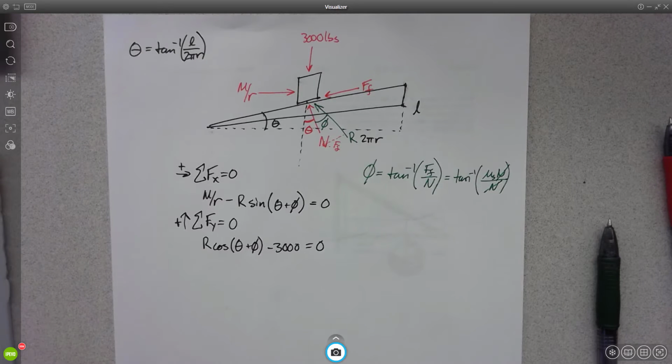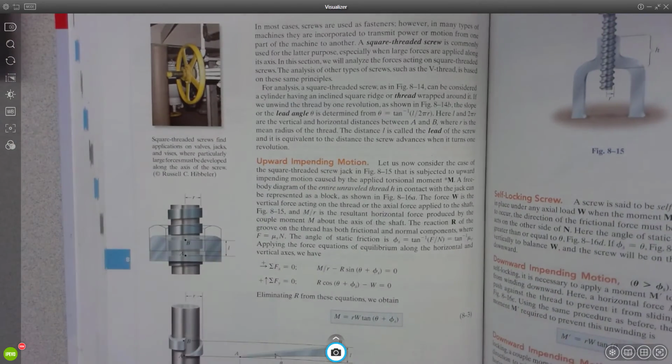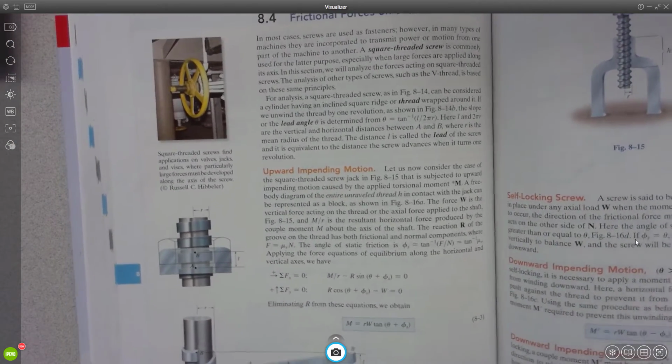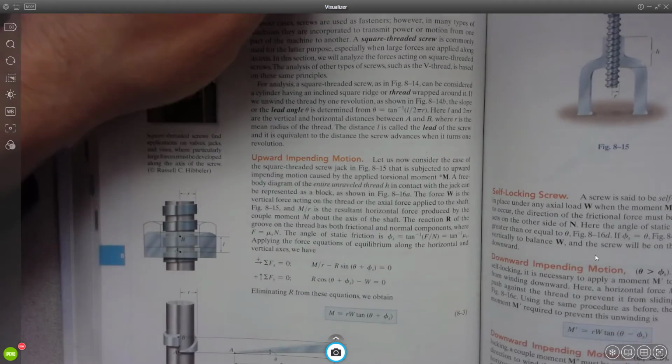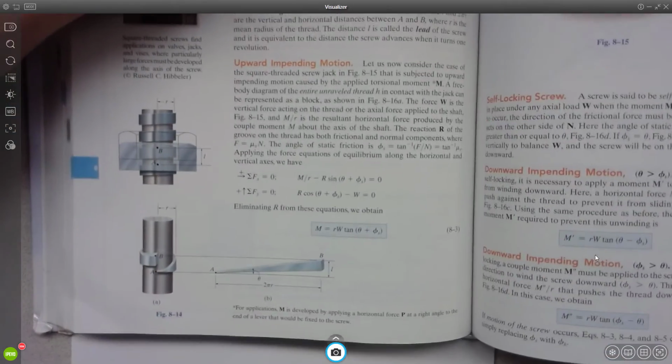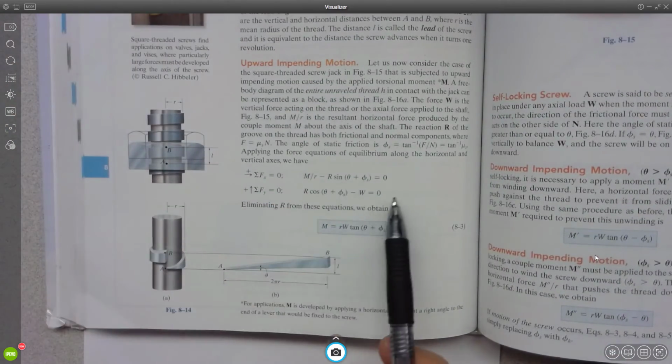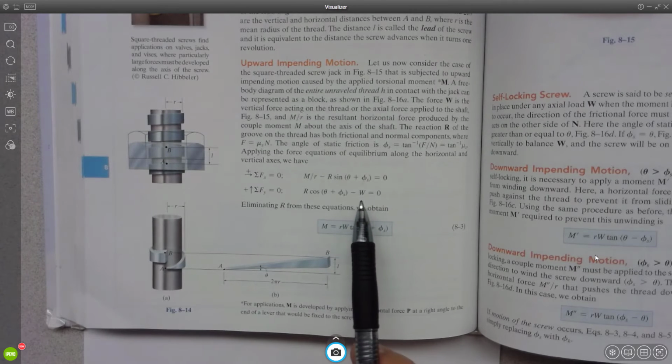So let me show you here. What we've just looked at is the case where we're trying to lift the 3,000 pounds. What we just did is on page 432 in your book, and we just wrote these equations. The only difference is I put in that my truck weighed 3,000 pounds.